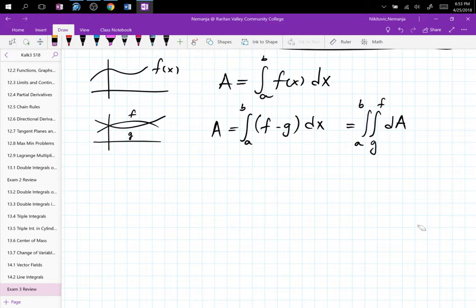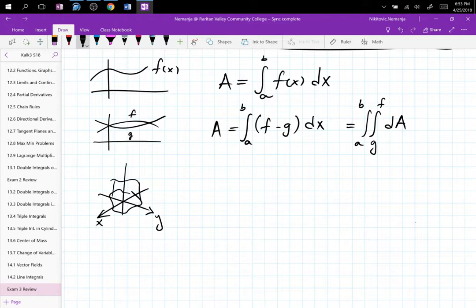Now I'm going to go one dimension higher, and I'm going to say that if I have some kind of domain in x, y, and I build some shape on top of it, whatever the shape is, in a z direction, I can compute the volume as the double integral from a to b, maybe g to f, that doesn't have to be.